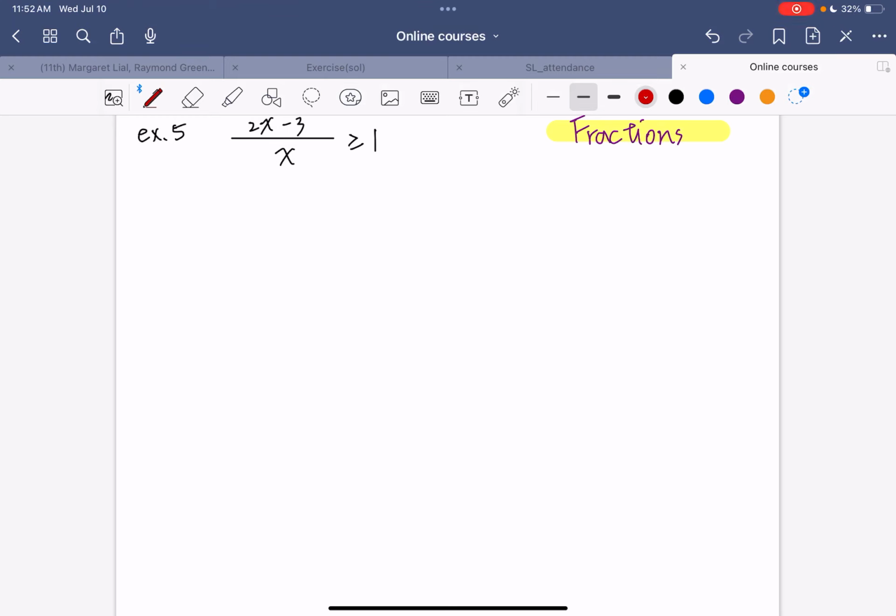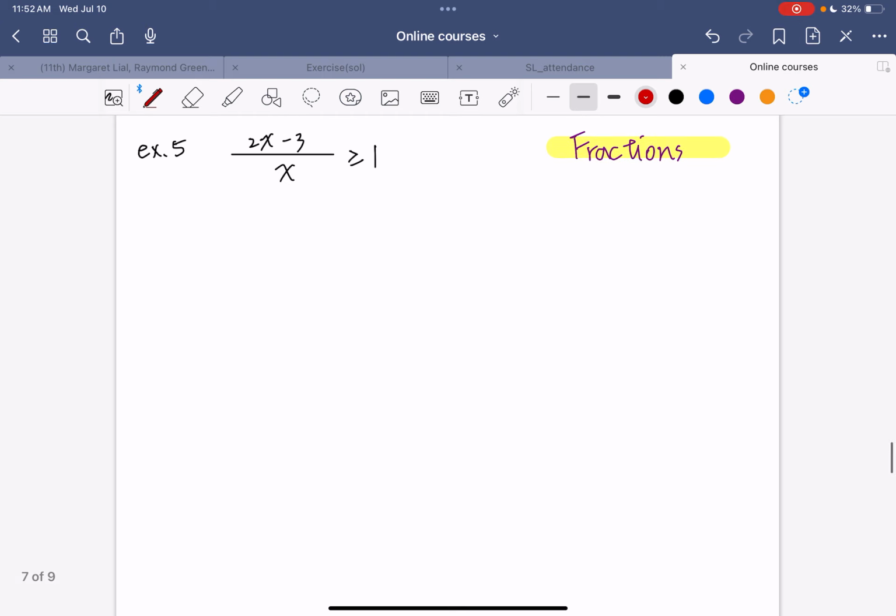Okay, so for the last part of inequalities, we have to focus on fraction part, which is rational inequality. And in this part, there's a thing we have to keep in mind, that the denominator can't be 0.